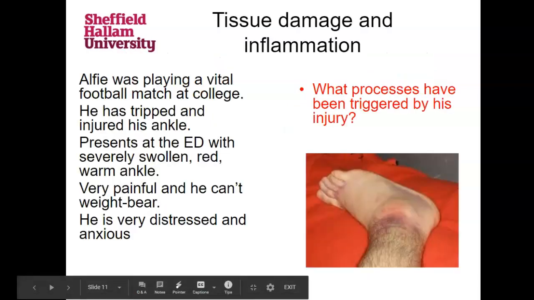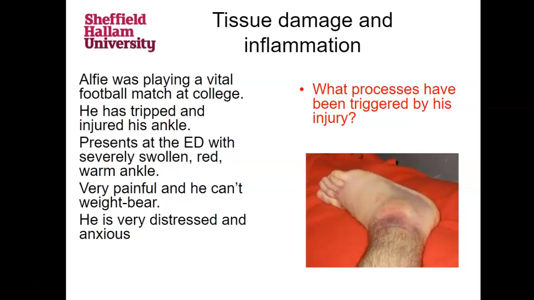So if we think about an acute situation, so this is just an example of someone who has tripped and injured his ankle during an important football match and presented at accident and emergency. So we've got signs of inflammation going on here. We've got swelling, redness and heat coming from the ankle.